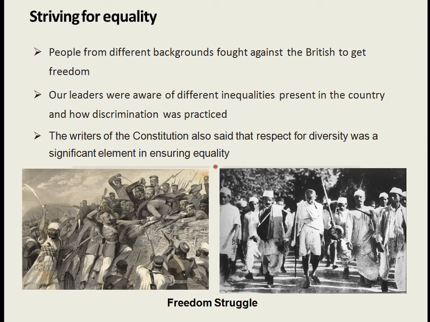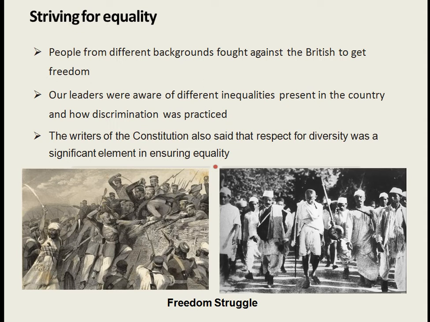Next, striving for equality. People from different backgrounds fought against the British to get freedom. Our leaders were aware they had to make all the people united because there were a number of inequalities present in our country and discrimination was practiced.